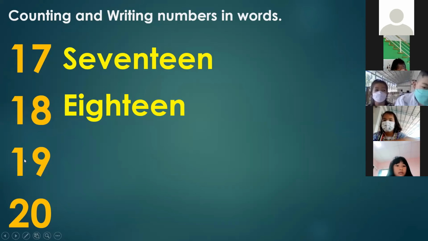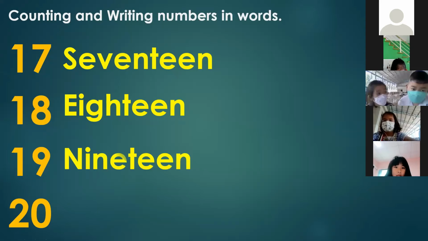How do we spell 19? NINETEEN. Very good. NINETEEN. Very good. That's how we spell 19. And next number is 20.